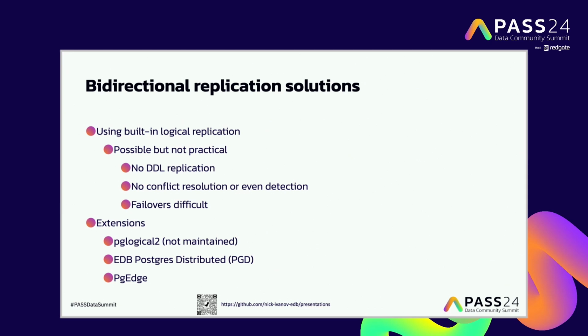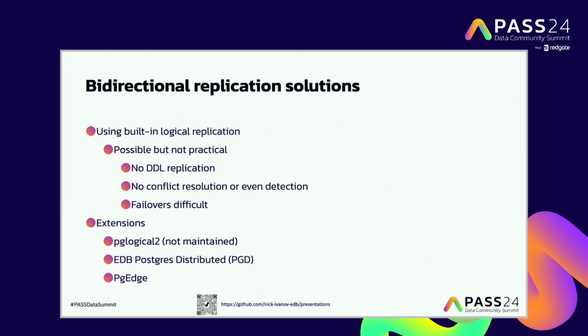So by looking at the primary LSN, you don't know if that matches any particular LSN on the replica. If you fail, you don't know where to start from to replicate back. So you need to introduce an additional process that would track these transactions on all sides of the replication and make sense out of it. That's why using the built-in logical replication is not practical to build an HA solution.